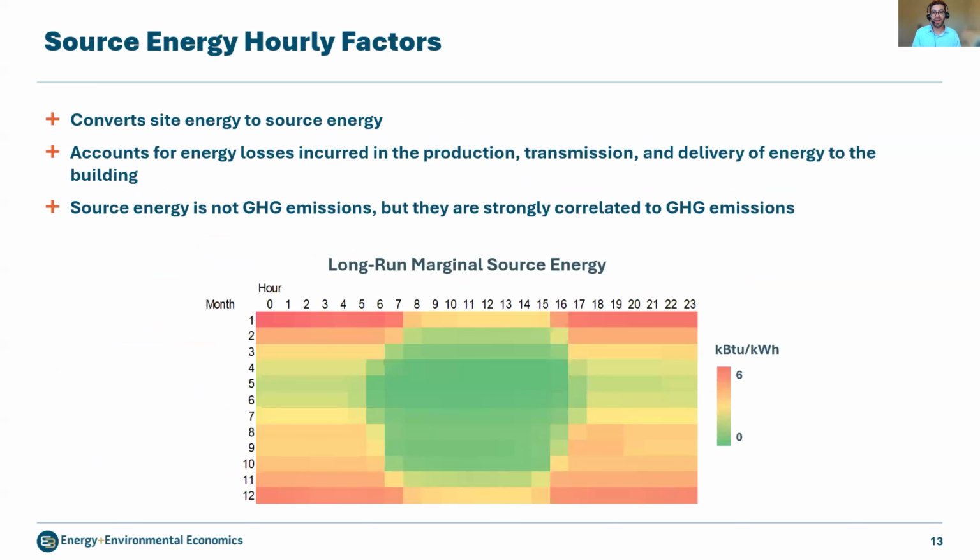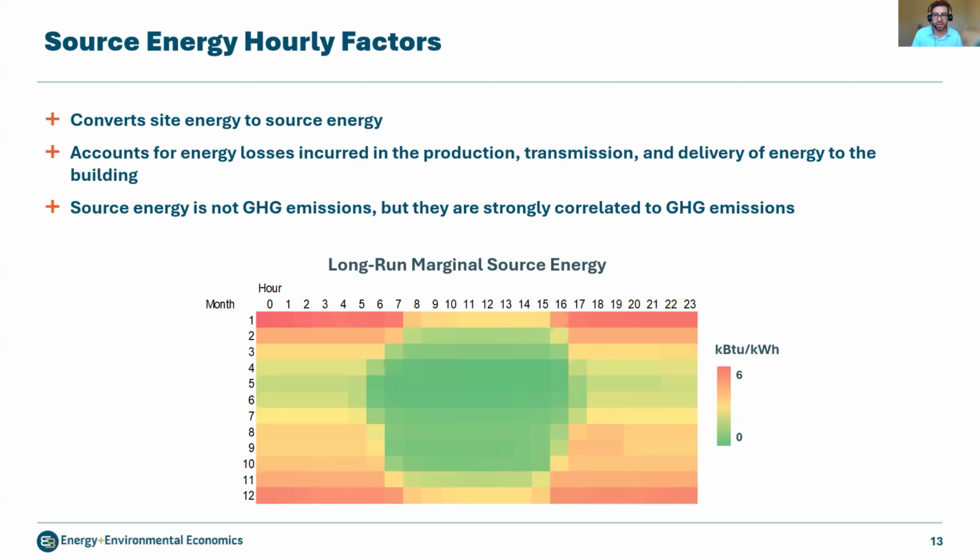The other metric that has recently been added in the 2022 code cycle is called the hourly source energy factors. And as Jack indicated, these are essentially trying to convert site energy to source energy, but on an hourly basis.